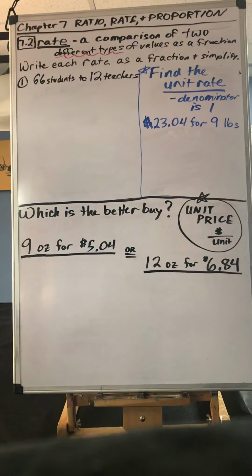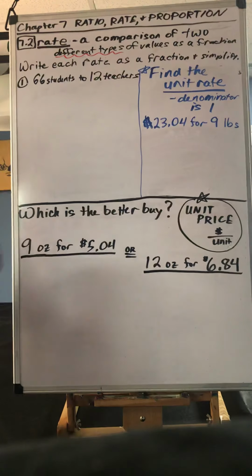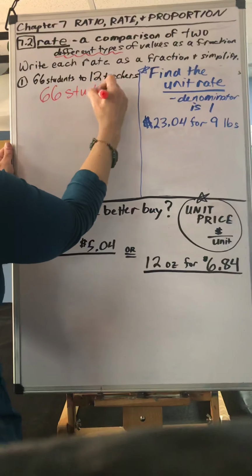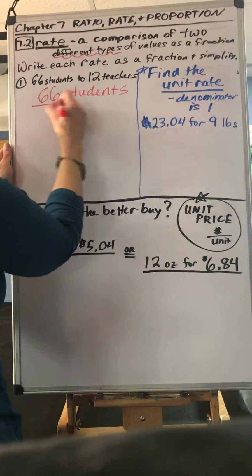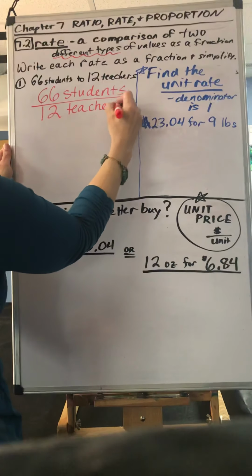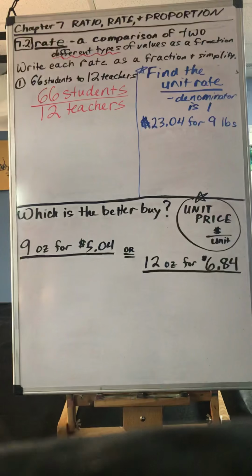So, the directions are the same in this first problem. Write each rate as a fraction and simplify. So in this case, there are 66 students for every 12 teachers. Now, we can't cancel the units because students and teachers are essentially different types of units. So what we can do is simplify by a factor of 6.